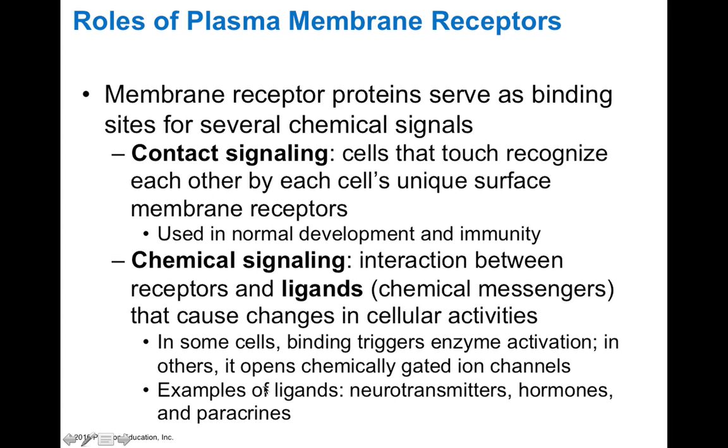So some examples of different ligands in the body would be things like neurotransmitters, which is what the brain uses to communicate, hormones, which is what your endocrine glands use to communicate, and paracrines, which is basically what cells use to communicate with other cells within a local area of tissue.